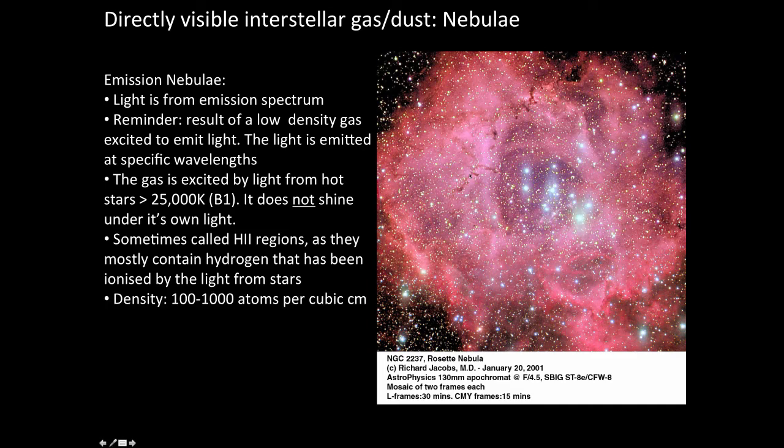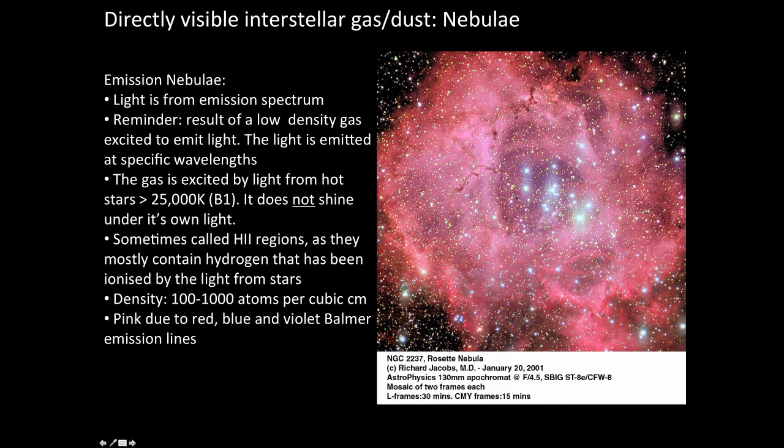The density of gas here is around 100 to 1,000 atoms per cubic centimeter, which kind of puts things in perspective a little bit. This is orders and orders of magnitude a better vacuum than the best vacuum that we can produce on Earth. Yet the distances and volumes are so large that there's still enough gas there to produce these exciting and beautiful images.